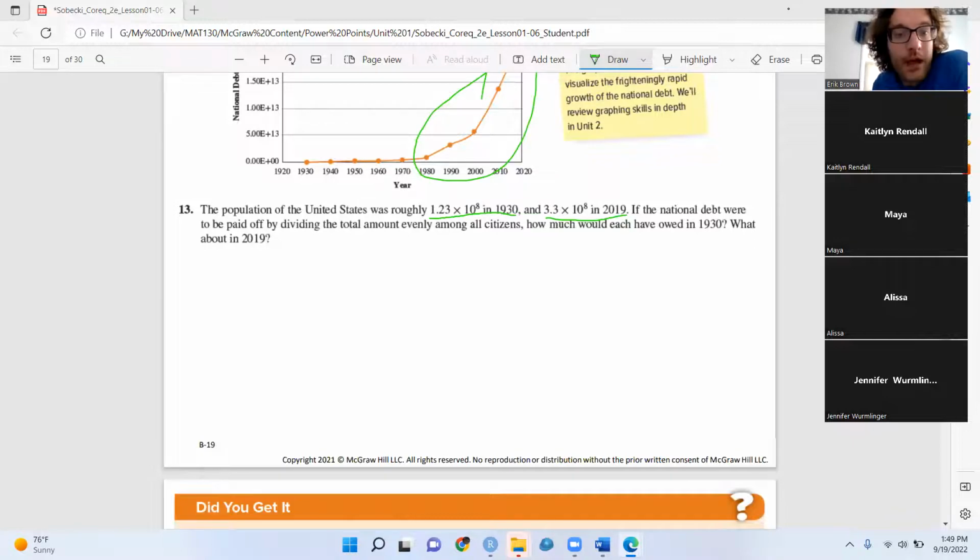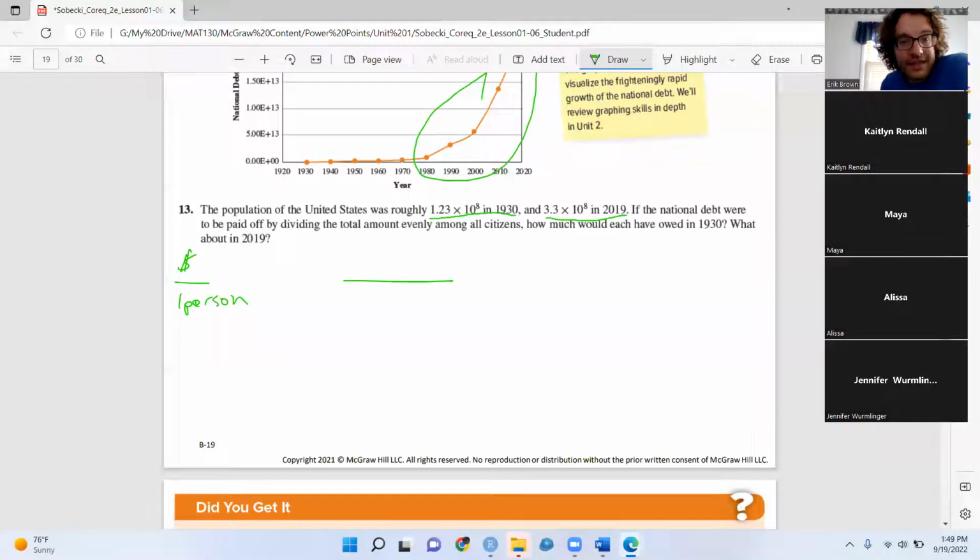Yes. So what we're going to do is we're just going to take these numbers and divide. So notice what we're doing is we're calculating a unit rate. And that unit rate is dollars per one person. That's what we're trying to calculate, which is what we did back in Unit 4.